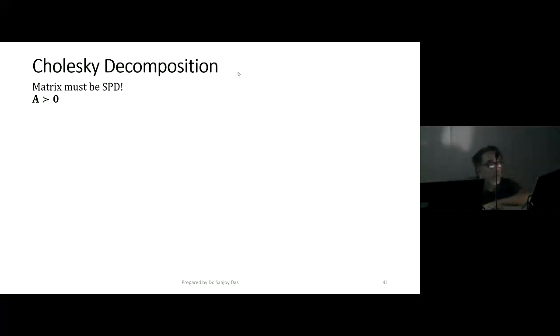Then the question of whether it's positive definite, negative definite, positive semi-definite, or indefinite arises. Even if I've not specified, if I say that A is positive definite, it automatically means that I'm assuming it's symmetric. So A must be symmetric positive definite. Whence, this is the Cholesky decomposition: A equals LL transpose.